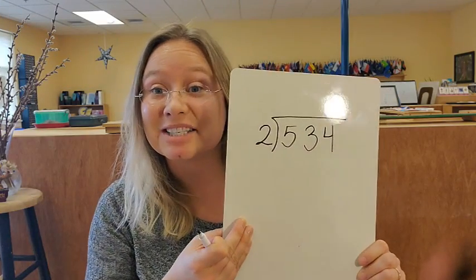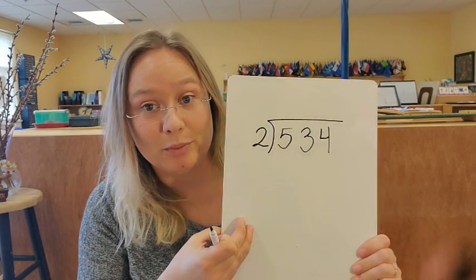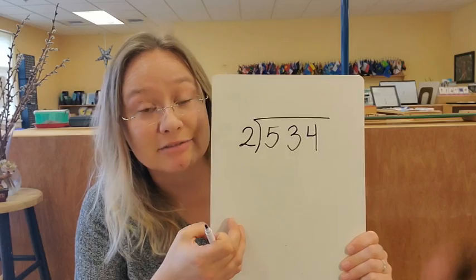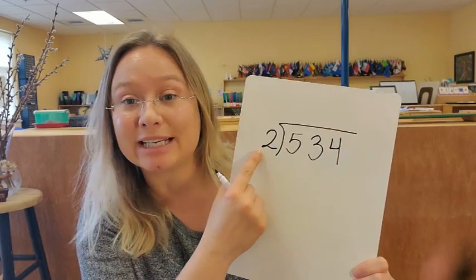534. That's called my dividend. My dividend is the number that I start with. 534 divided by 2. 2 is my divisor.